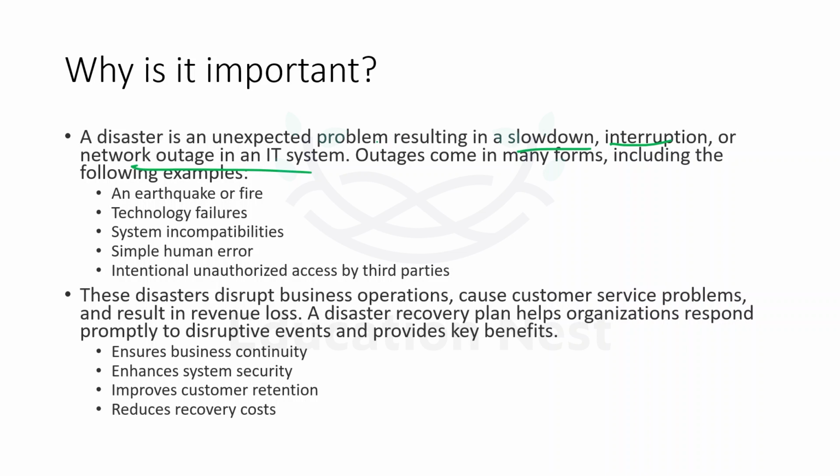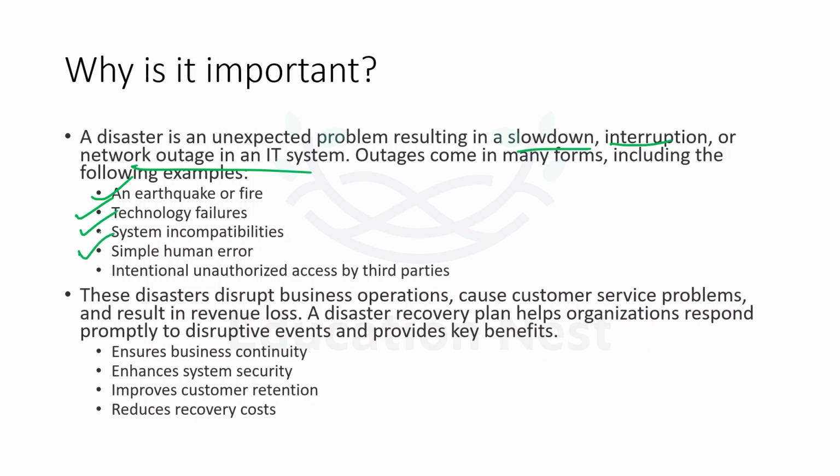Any natural calamities like earthquake, fire, floods. At that time, the data centers where your workload is running might go off, so business will be affected. Any kind of technology failures, let's say the optic fiber that we use for connecting to the network broke. System incompatibilities.